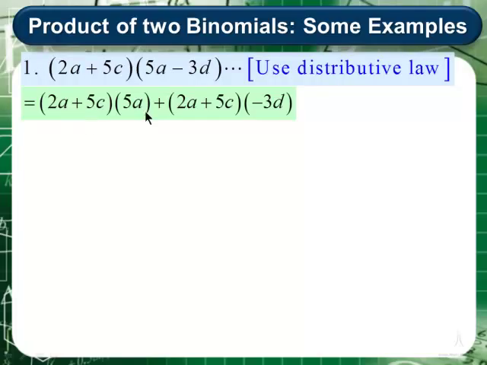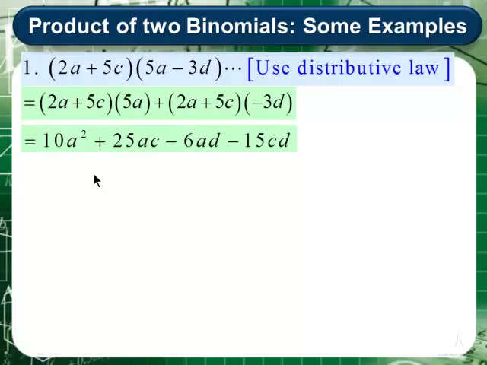So we first multiply it with 5a and after that with minus 3d. And in the second round we take the monomials 5a and minus 3d and multiply them from the right hand side into the binomial expression 2a plus 5c to get the expansion, as we saw before, of the product of the two binomials as indicated on the screen.